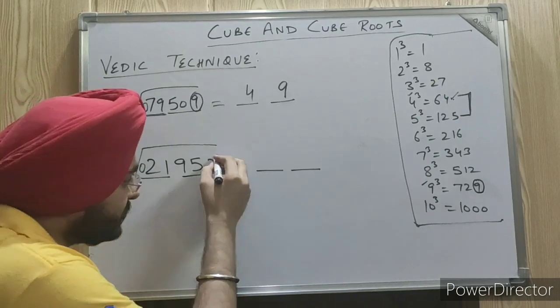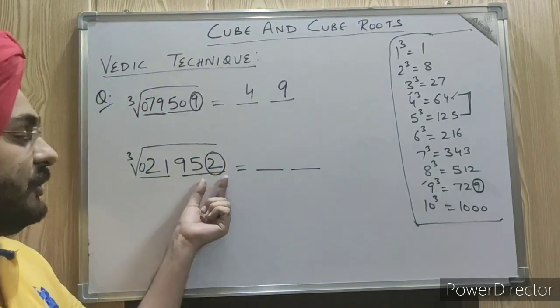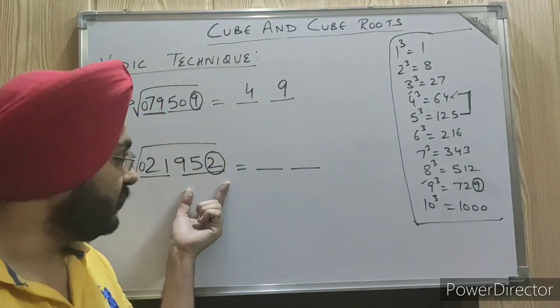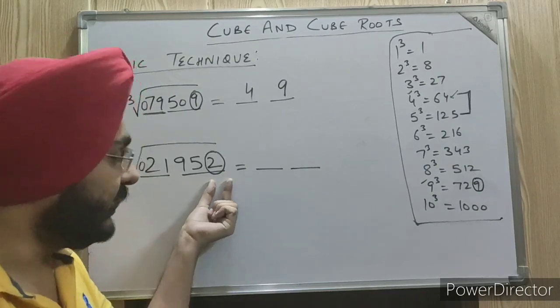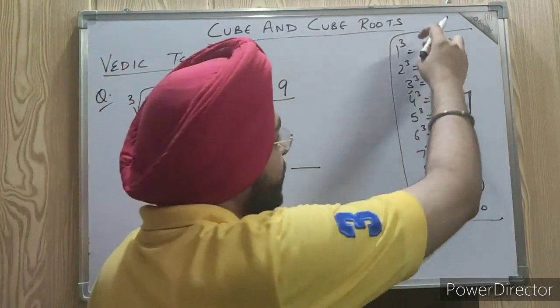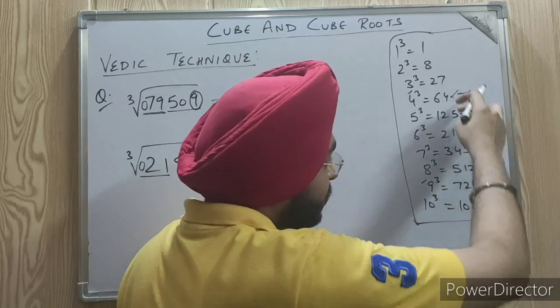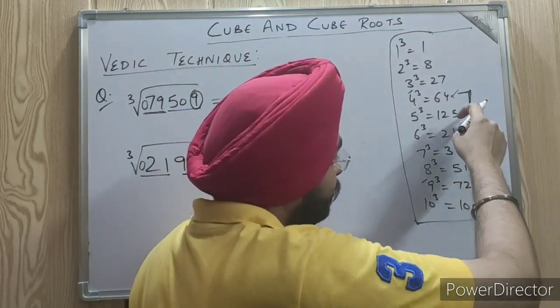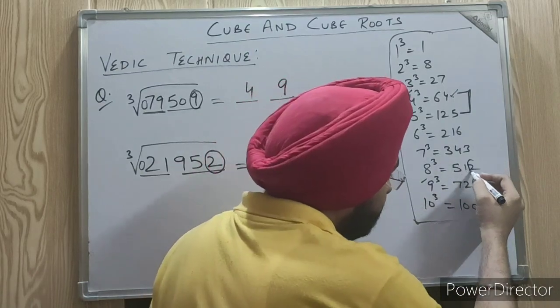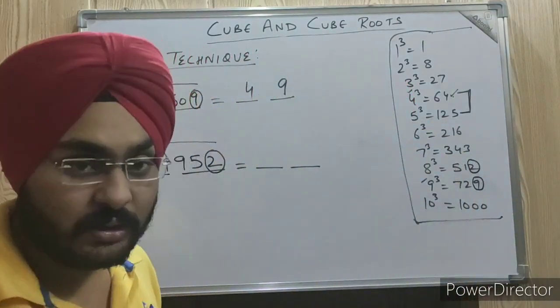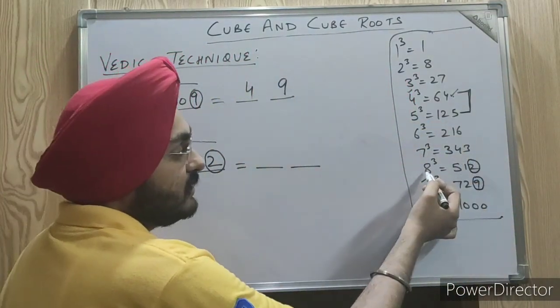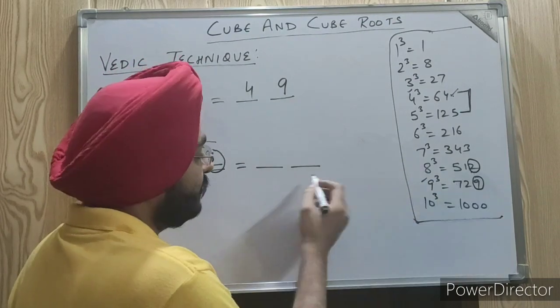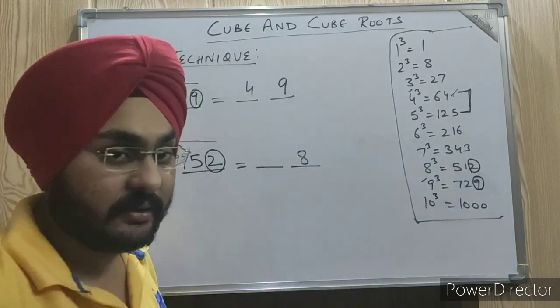Just see the units place of this number. The last one is 2. Just find the 2 in the cubes, the units place only. The 2 we have with 8, whose cube is 512. So I'll write the 8 here.